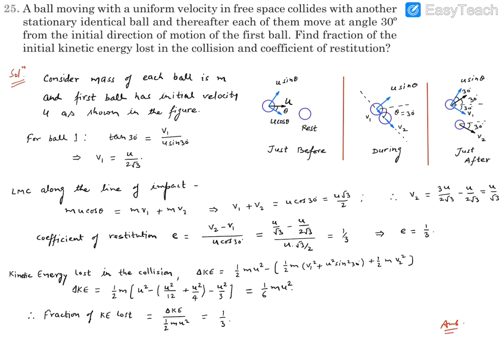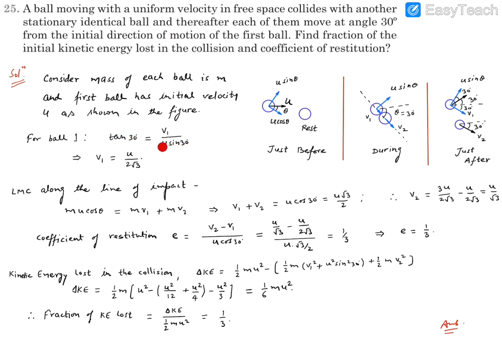Since these two components have a resultant along this black color arrow, we can use tan 30, the direction of the resultant making theta angle, that is 30 degrees, from this component. So there is a rule for ball 1: tan 30 degrees is equal to v1, this component, divided by u sin 30 degrees. Now tan 30 degrees we know is 1 by root 3 and sin 30 is 1 by 2.